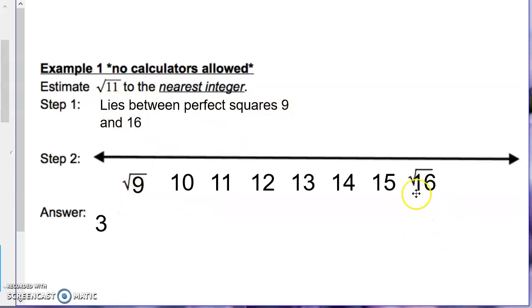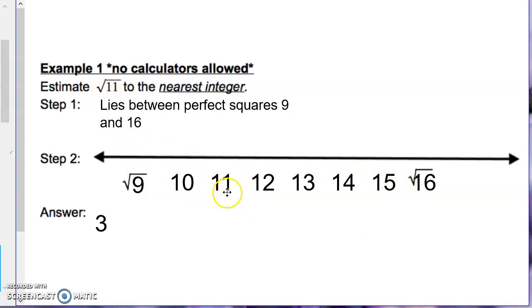So there's the square root of 9, there's the square root of 16, and everything in between here would not be a perfect square. I know the square root of 9 is 3, so all of these would be 3 point something, all the way up to the square root of 16, which would be 4. So all of these numbers in here are going to be about 3.